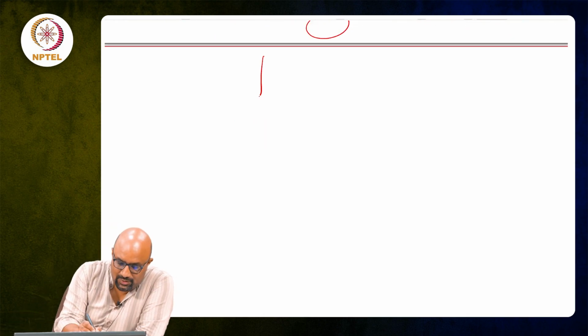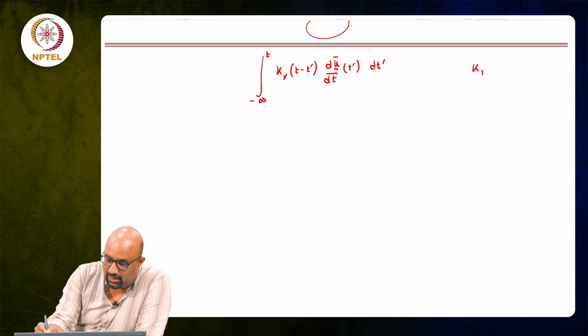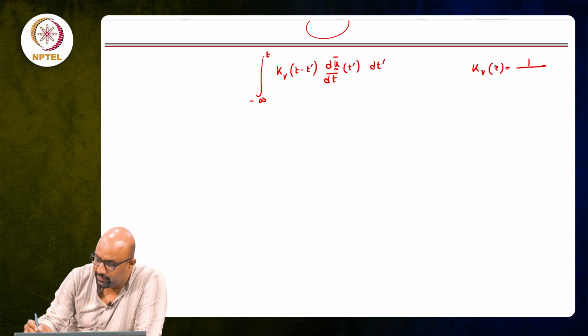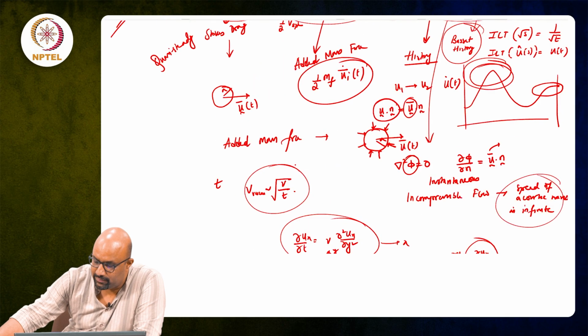So, if you look at that term, the integral from minus infinity to t of a kernel in t minus t prime, times du/dt at t prime, dt prime, where this kernel is 1 by, actually I will write it with a pi nu t.